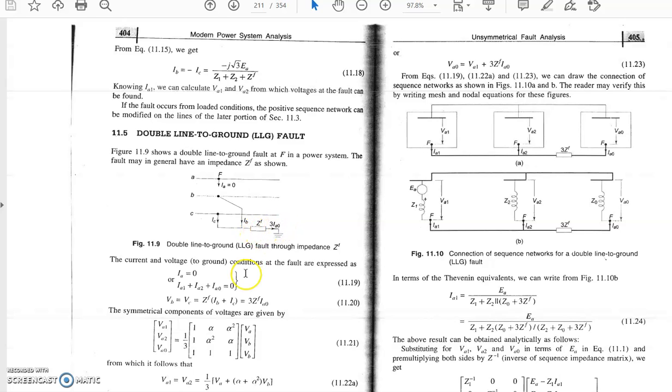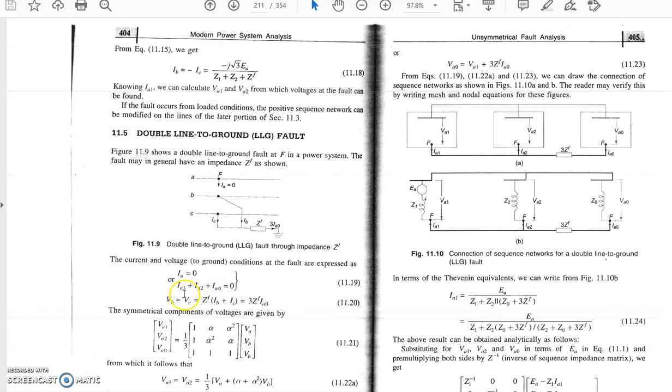IB plus IC. And we know that from the symmetrical component transformation, 1 by 3 of IA plus IB plus IC is equal to IA0. So IA is 0 here, and the value of IB plus IC we can write as 3 IA0.